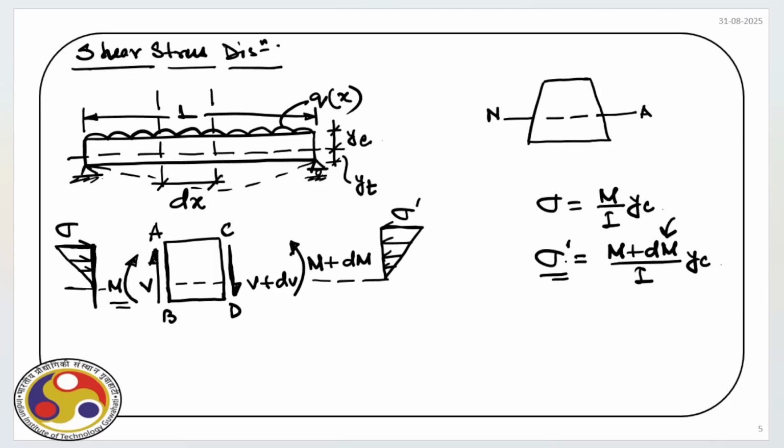And now, what we can do, we can consider a very small strip, and this area, say, is dA. And it is at a distance of, say, y.